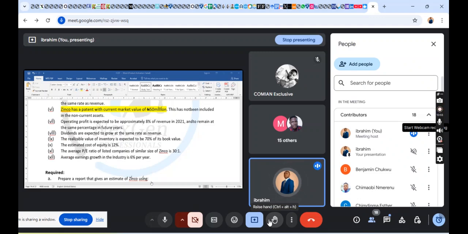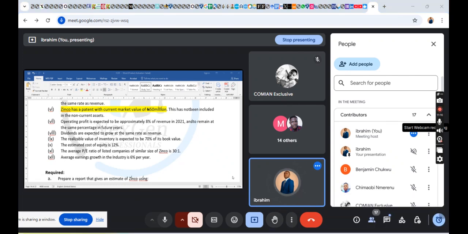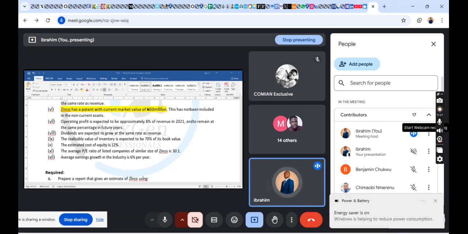If they didn't give you the price earning ratio, they may give you the price earning ratio for like 3 years. The best thing for you to do is to get the average. Add the price earning ratios given to you for the years given, and divide by the number of years. That gives you the average PE ratio.